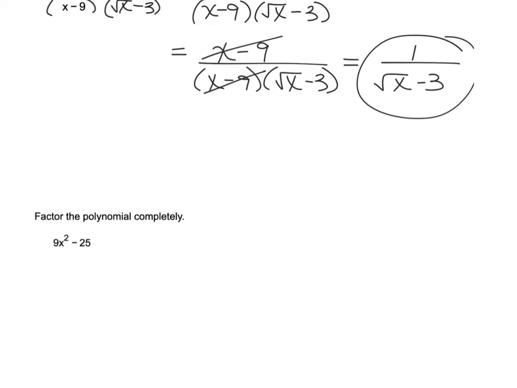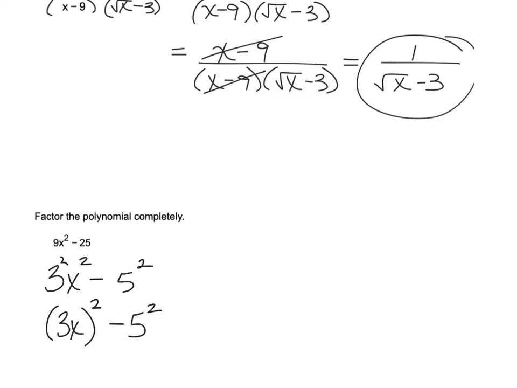Hopefully by now, with the problems we've worked, you can recognize that this is a difference of 2 squares. We know that 9x squared is 3x squared, and 25 is 5 squared. So we could rewrite that as 3x squared minus 5 squared. Or you could just recognize it.